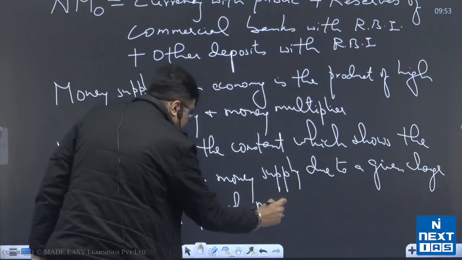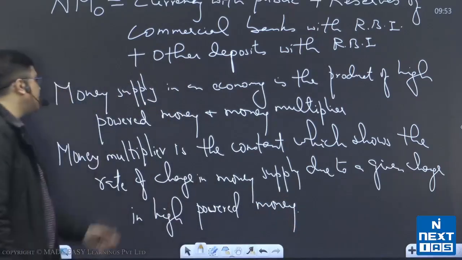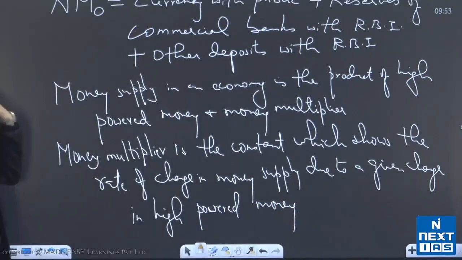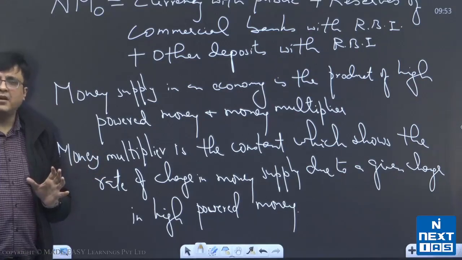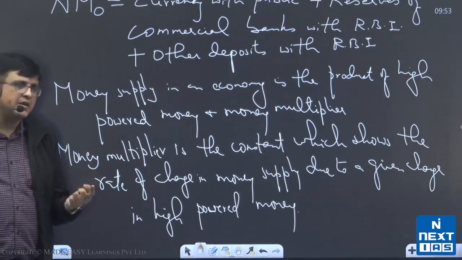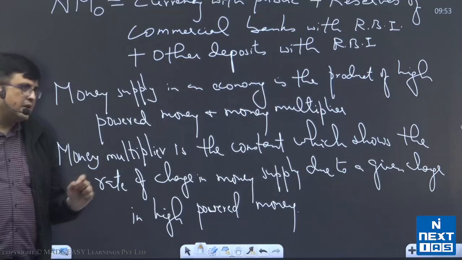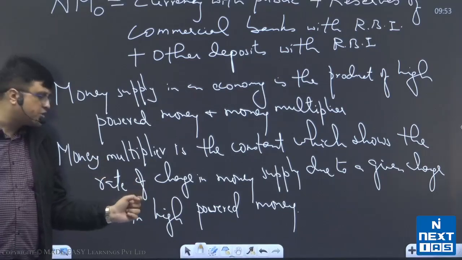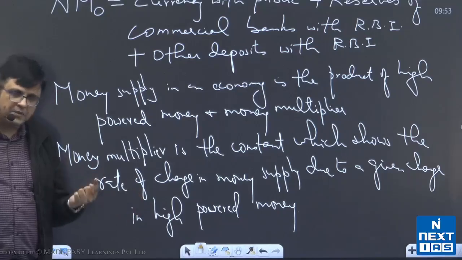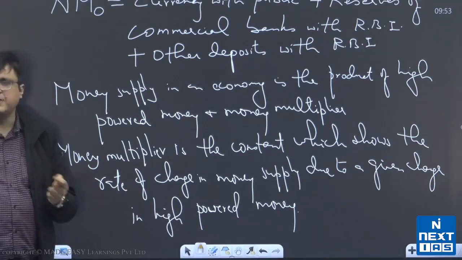I will explain these things to you, but let's keep them first. Whenever we use the word high-powered money, we say money supply in the economy is the product of money multiplier and high-powered money, and money multiplier is the constant which shows the rate at which money supply will change if I change high-powered money.